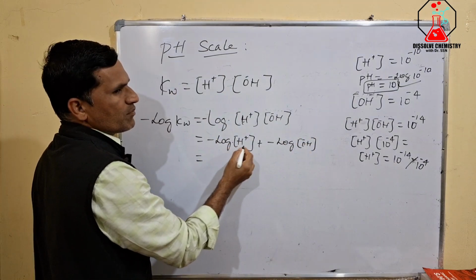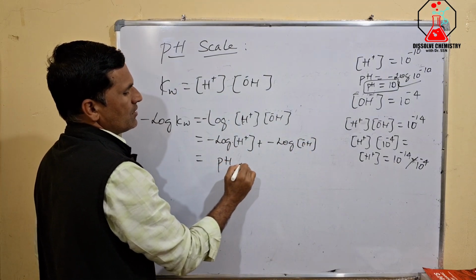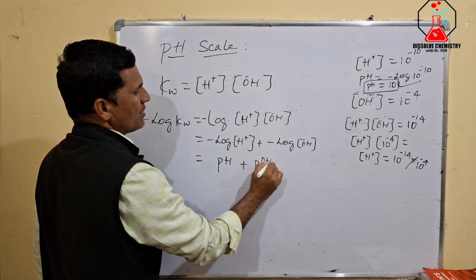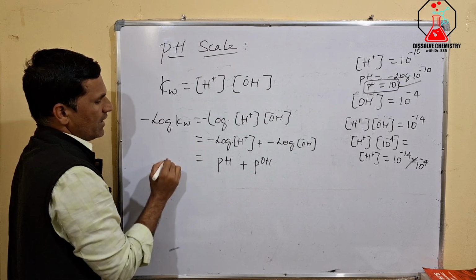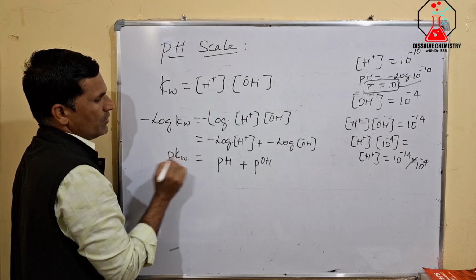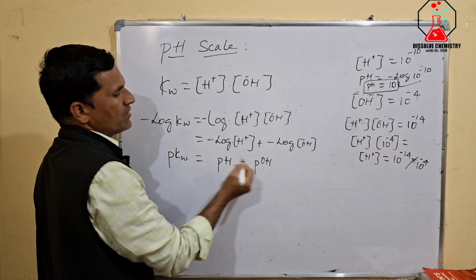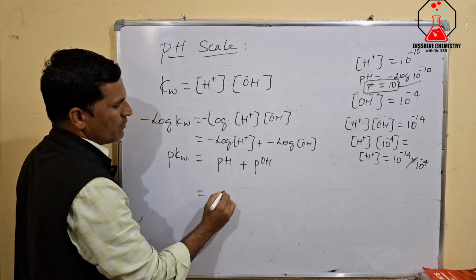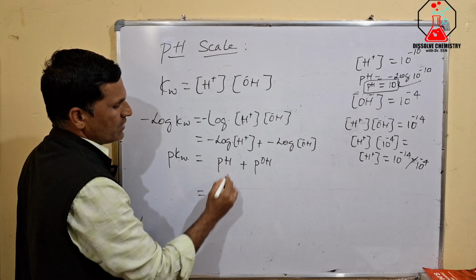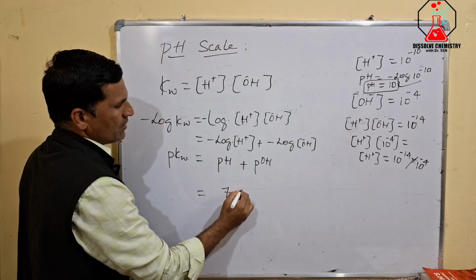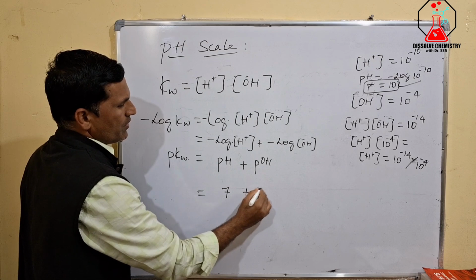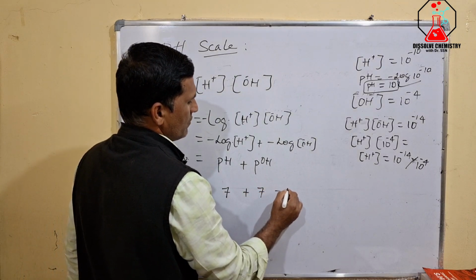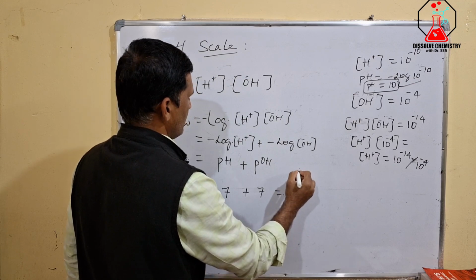Okay, minus log H plus means pH, and minus log of OH minus means pOH, and we express this as pKw, which is equal to pH plus pOH. So your pH will always be how much? 7. And pOH will be 7, which is equal to what? 14.